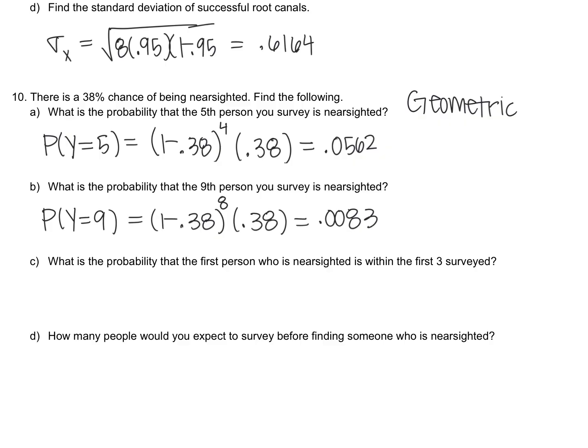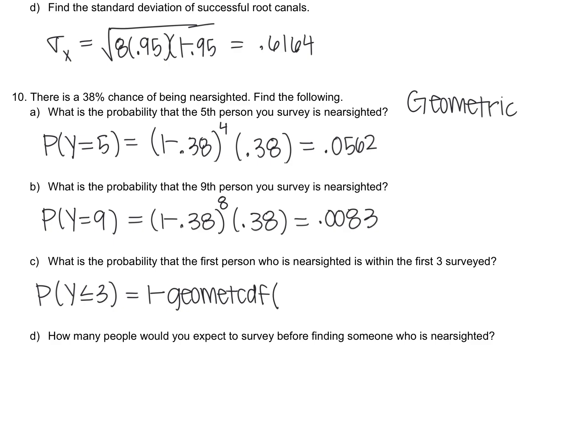The next one says, what's the probability that the first person who is nearsighted is within the first 3 surveyed? So this is an example of an inequality. So we have the probability that y is less than or equal to 3 because it says within the first 3 surveyed. So we're going to do 1 minus, and then we'll do geometCDF.